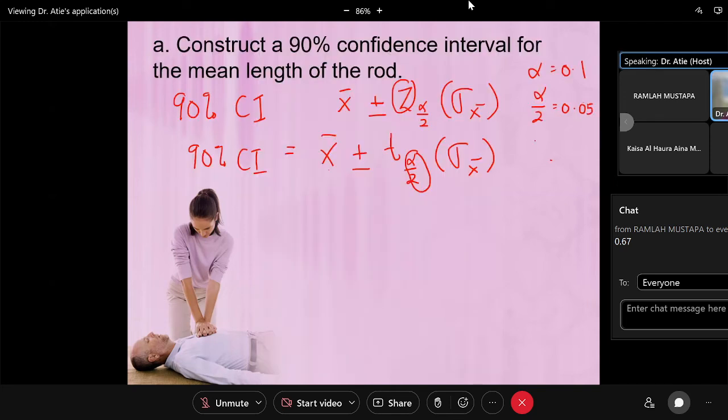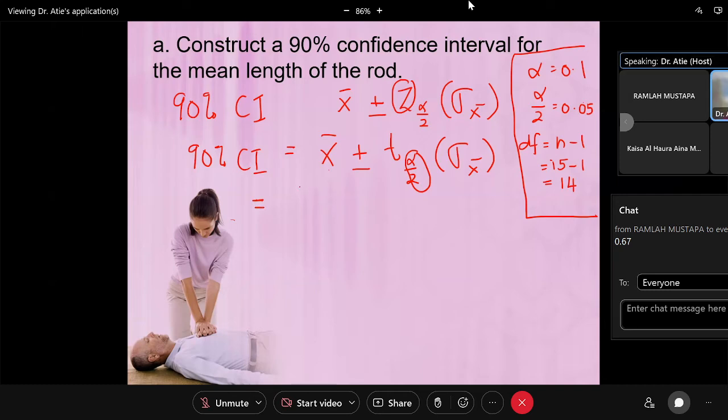Okay, and then remember since we are using the T distribution, we have another value which is called df, right? So df is n minus 1, which is 15 minus 1, will be 14, right?